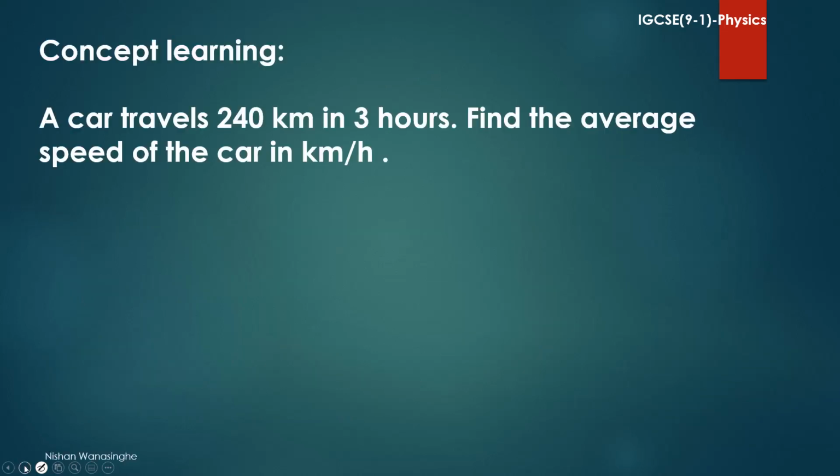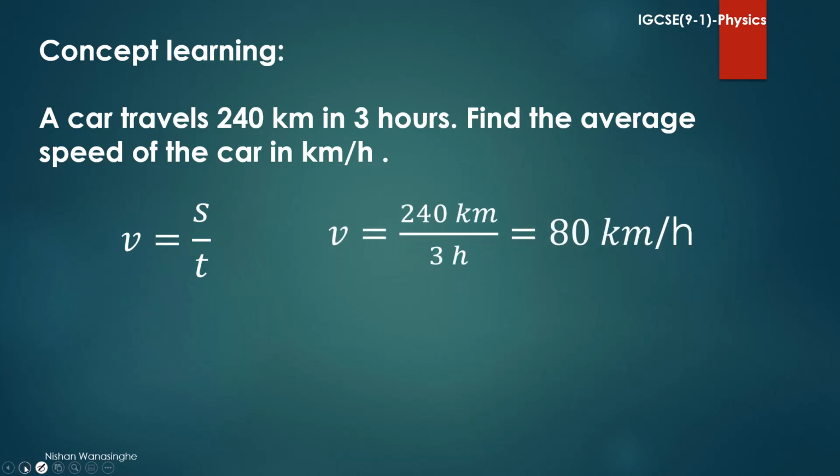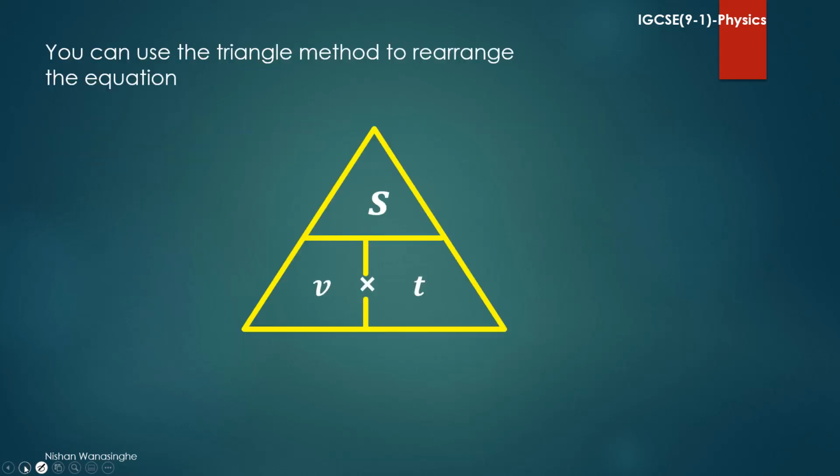Now we'll come to a concept learning question. A car travels 240 kilometers in 3 hours. Find the average speed of the car in kilometers per hour. So first we write the equation v equals s over t. Then we substitute values. s equals 240 kilometers, time 3 hours. When you divide, you get 80 kilometers per hour.